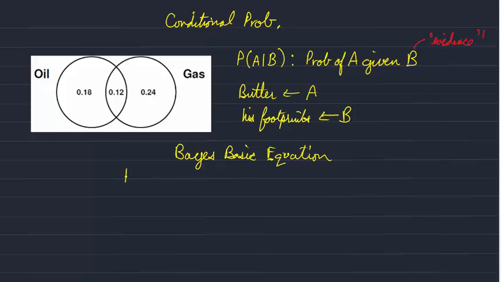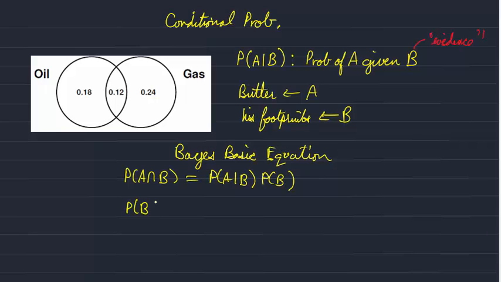The probability of A and B is equal to the conditional probability of A given B times the probability of B. Okay, the probability that both A and B are occurring depends on the probability of B, and given that B has occurred, we multiply that by the probability of A given that B has occurred.